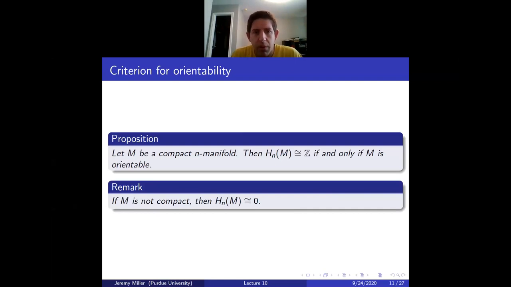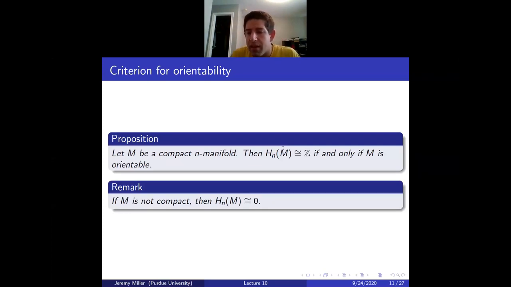If it's not connected, then you want Z to the set of path components. And similarly, if the top homology is isomorphic to Z, the manifold's orientable. One thing to say is, if the manifold is not orientable, there's some version.